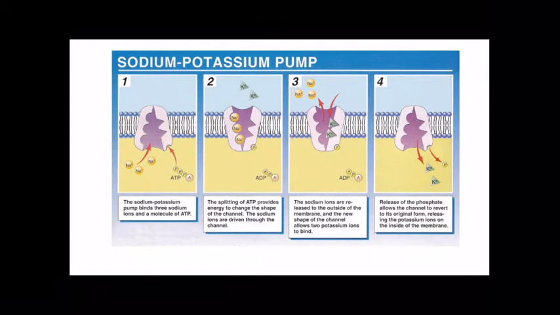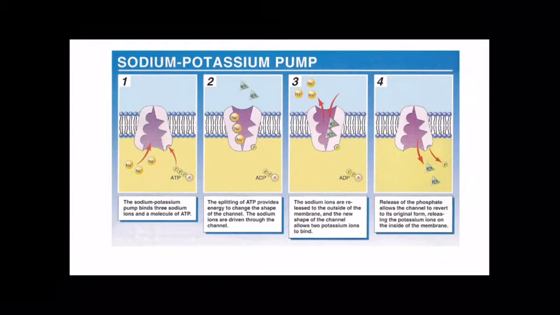By doing this, it sets up a concentration gradient of a high concentration of sodium outside the cell, and a lower concentration of sodium inside the cell. For every 3 sodium ions that get pumped out, 2 potassium ions get pumped in.